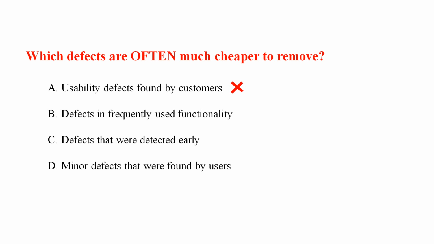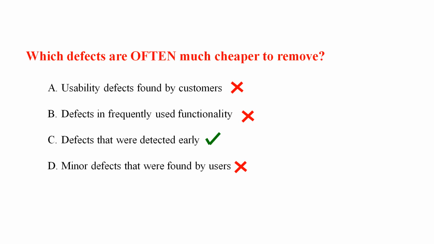But he is asking cheaper. Defects in frequently used functionality? No. Minor defects that were found by users: this option is given to confuse the students, because once you see the words minor defects, everybody will think that is cheaper to remove. No, whether it is a major or a minor defect, that is nothing.